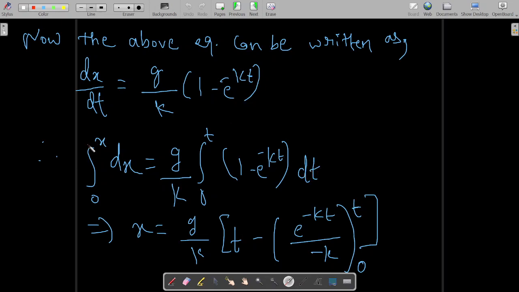Right. And this will be again at time t equal to 0, displacement of the object was 0. At time t equal to t, displacement of the object was x.